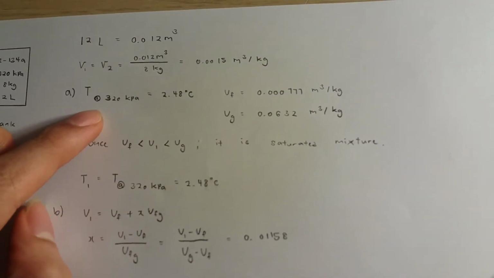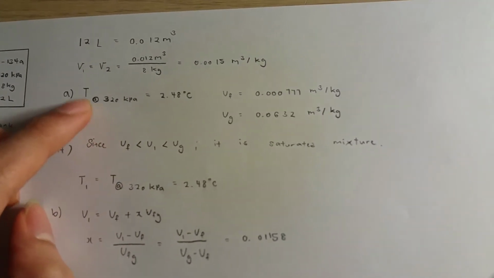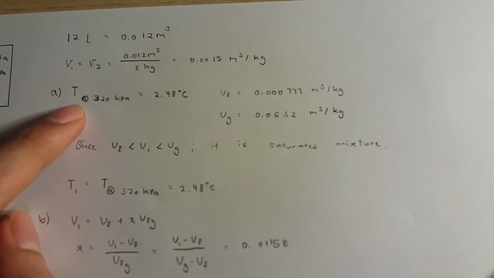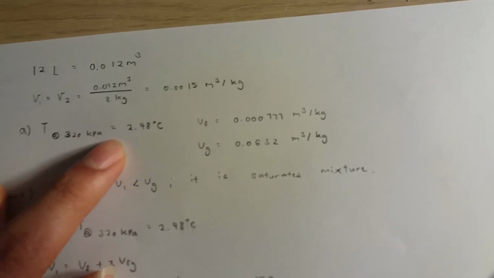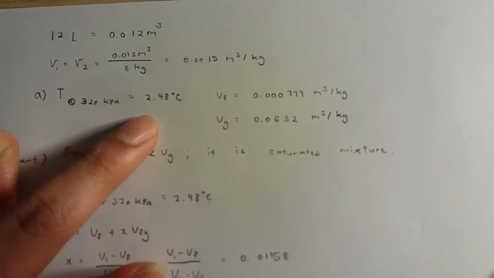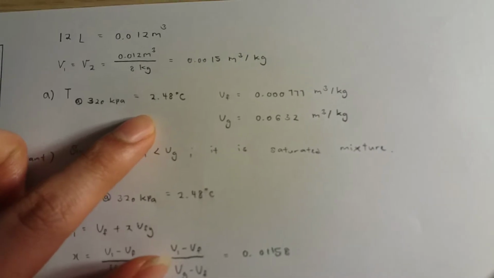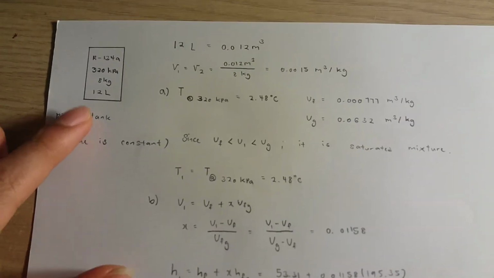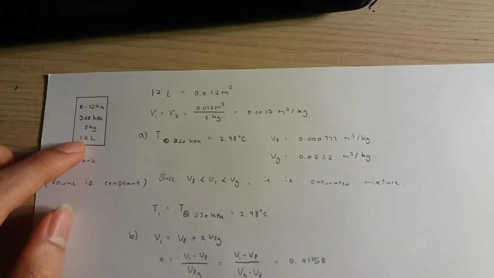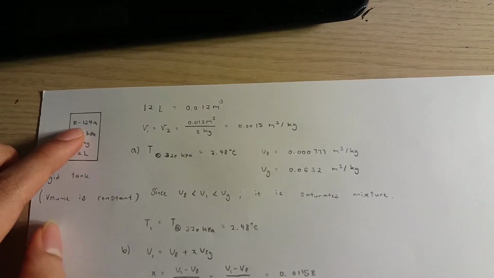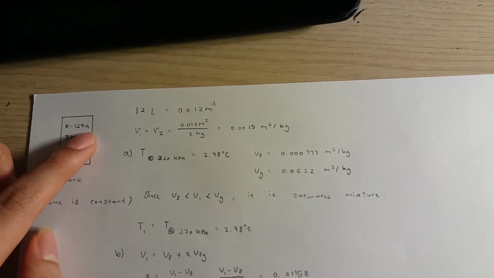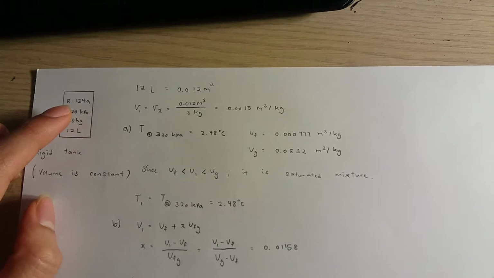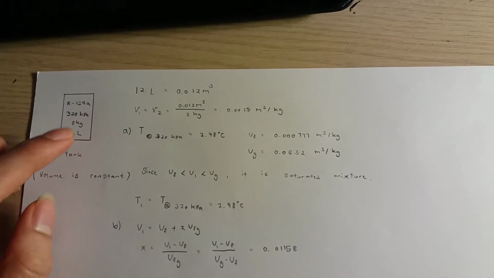For the first part, you have to get the values from the property tables, and the temperature at 320 kPa is 2.48 degrees Celsius. Oh, I forgot to mention one crucial thing. For these problems, you have to refer to the property tables for refrigerant 134a, which is mostly at the end of the property tables.